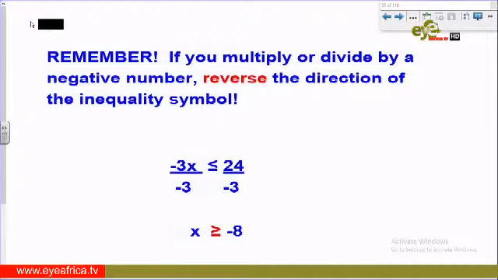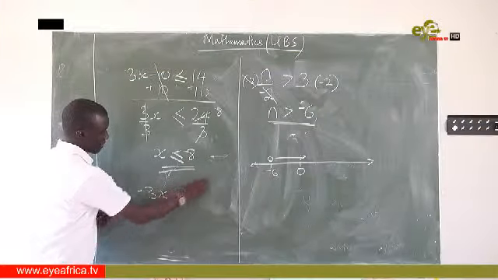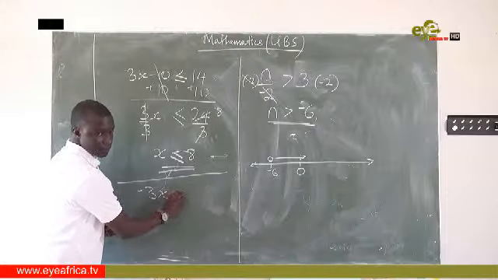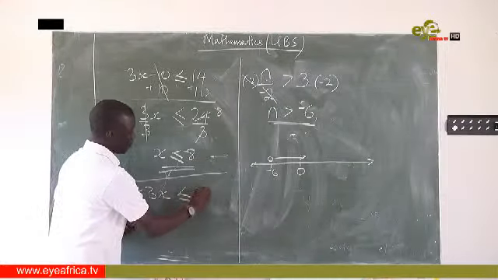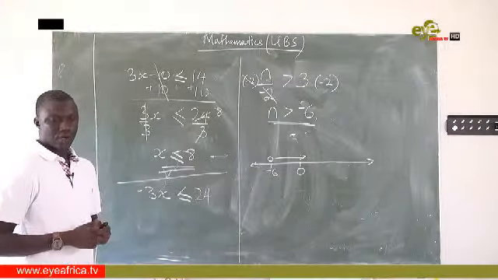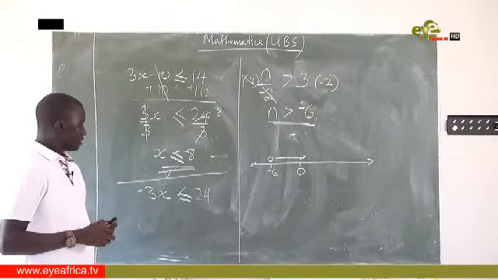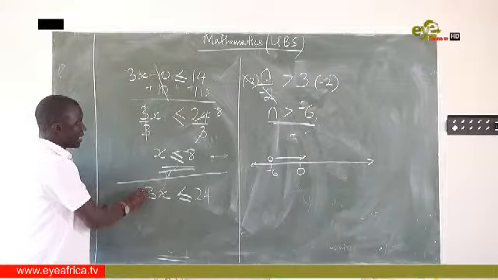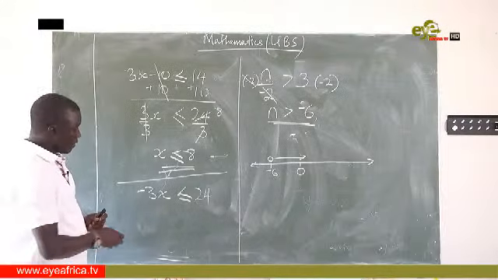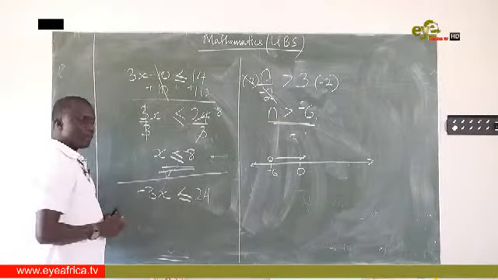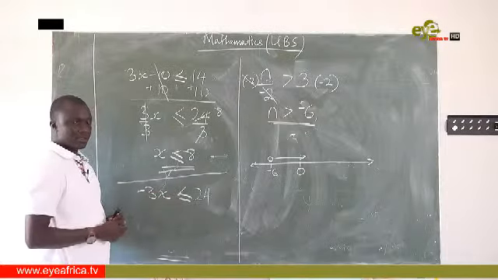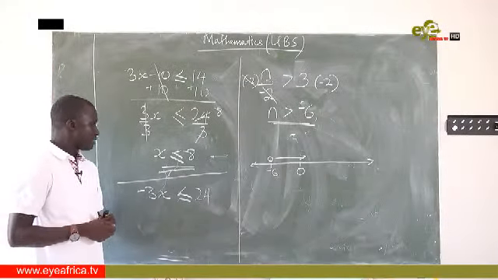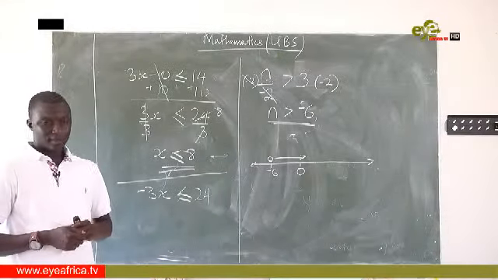Okay? So the question we have there is negative 3x is less than or equal to 24, as we had before. Now, this is a negative number. So in order to isolate our variable x and to undo the operation of negative 3 times x, we have to divide both sides by negative 3.